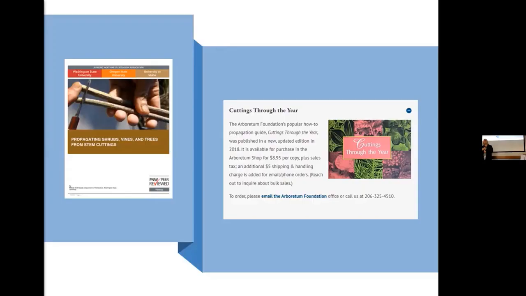Another resource that's really great is the Great Plant Picks website. It is from the Elizabeth Miller Garden organization, and you can go onto that website and it will give you a list of questions.